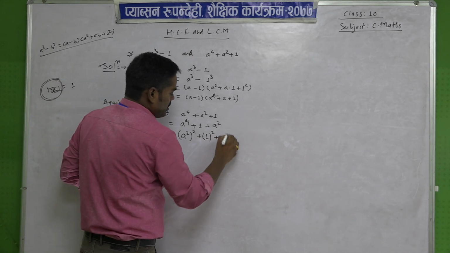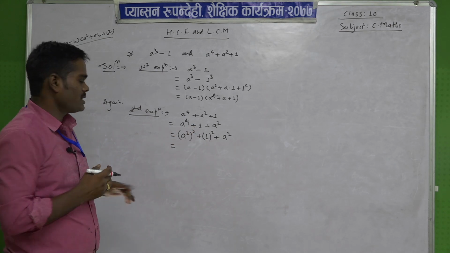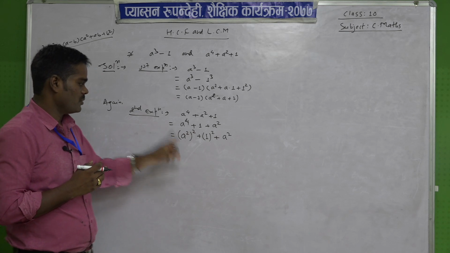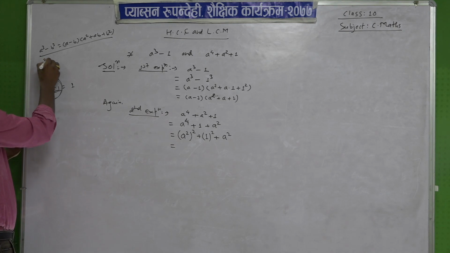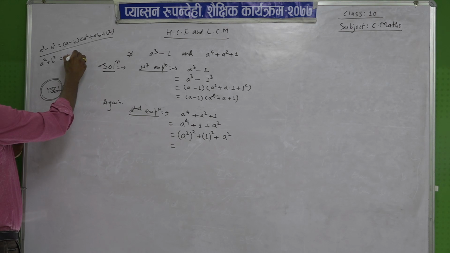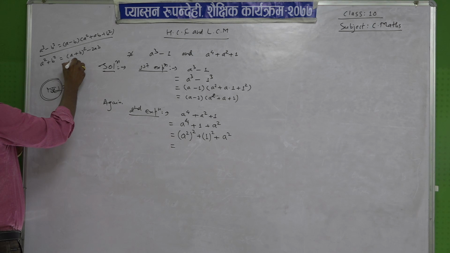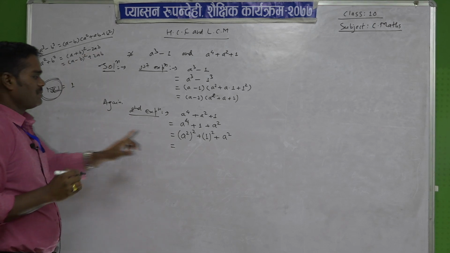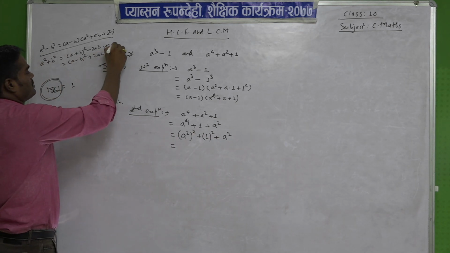You can use the law of indices: if power over power, then they are multiplied, so 2 times 2 is 4. Then you know the formula for a square plus b square, which has two forms. One is a plus b whole square minus 2ab, the other is a minus b whole square plus 2ab, and if the sign of the last term is plus, you have to use this formula.